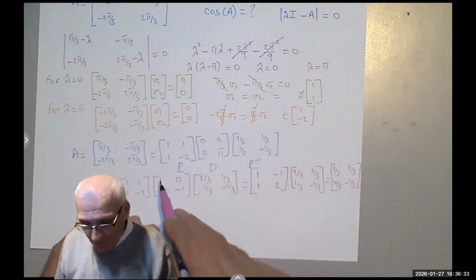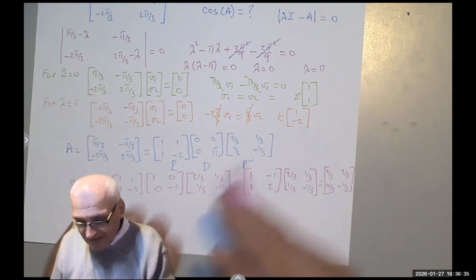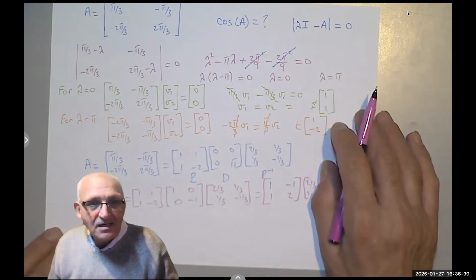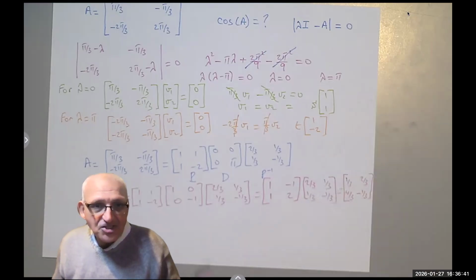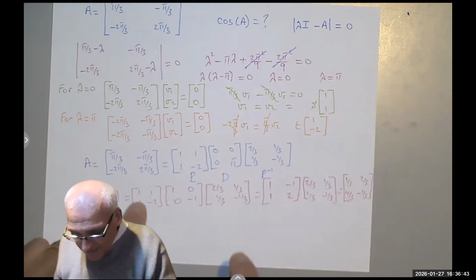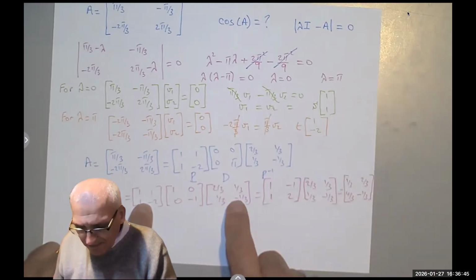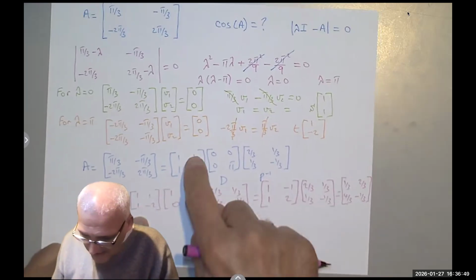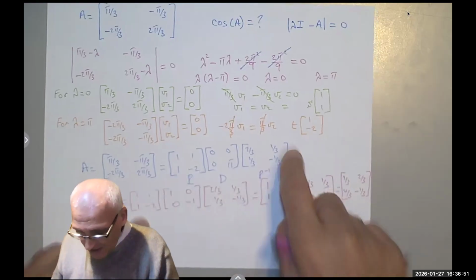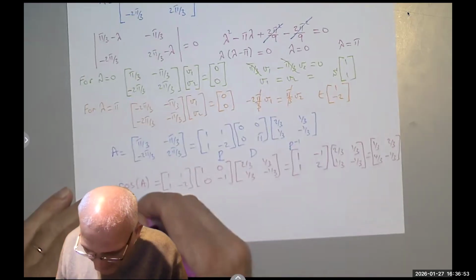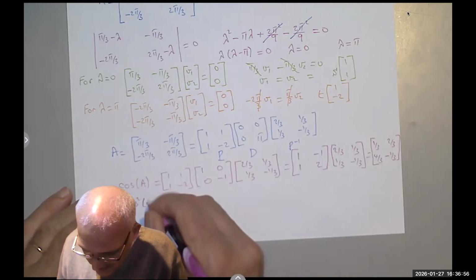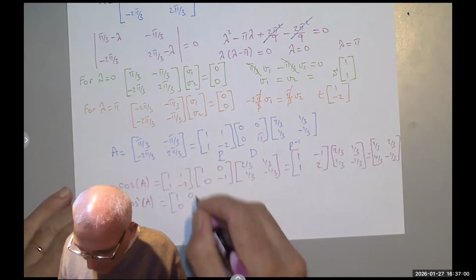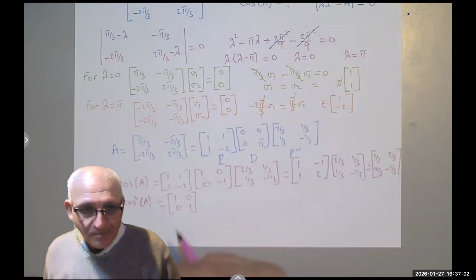It would be 1, 0, 0, 1. So it's as if it's not there because that's like a 1 in multiplication. That leaves me with this matrix times that. But what is the product of these two? Notice this is P and this is P inverse. So cosine square of A would be the identity matrix, which is 1 in algebra.